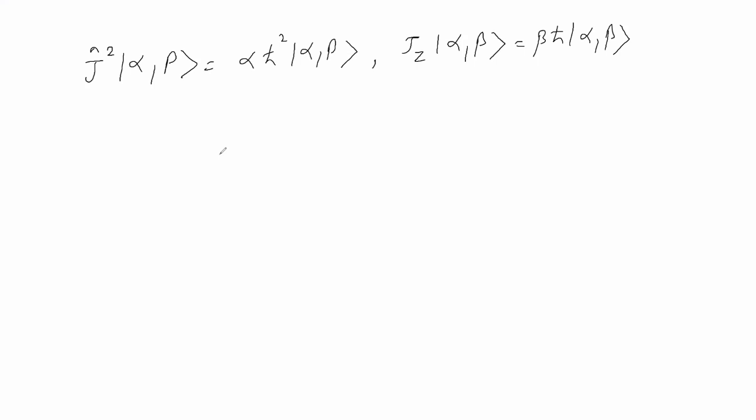In order to determine alpha and beta, just as in the harmonic oscillator problem, where we used raising and lowering operators, here also we define J plus and J minus as two new operators, where J plus is Jx plus iJy and J minus is Jx minus iJy.